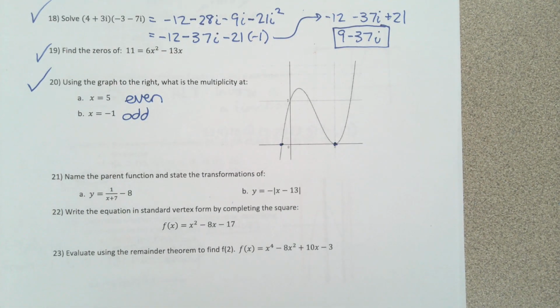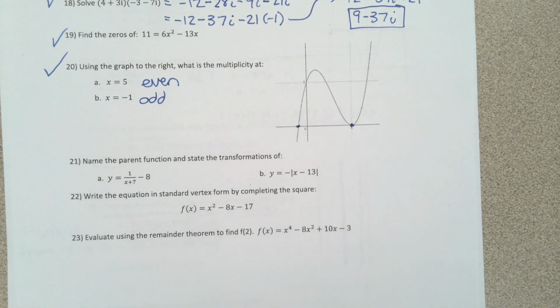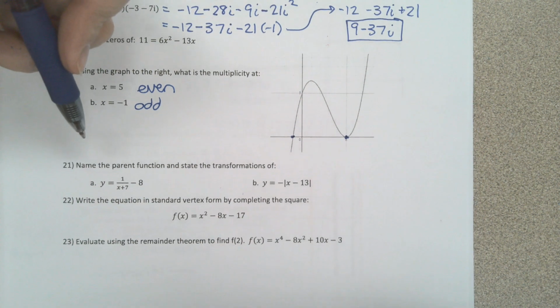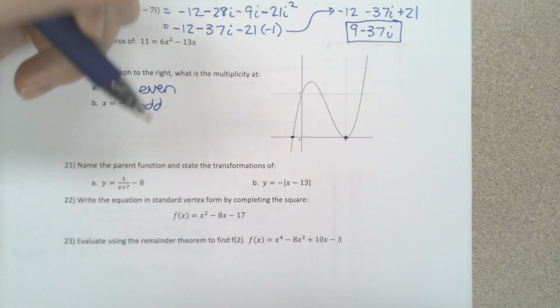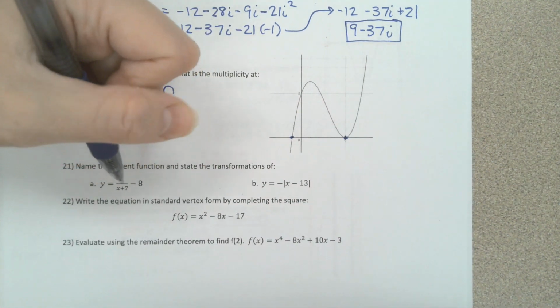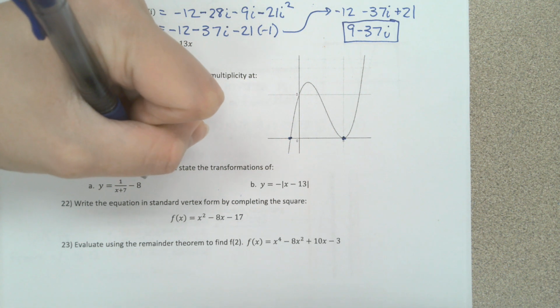21. Name the parent function and state the transformations of these. These are old problems. y equals 1 over x plus 7 minus 8. When we have 1 over x, 1 over something going on, that's called the reciprocal function.